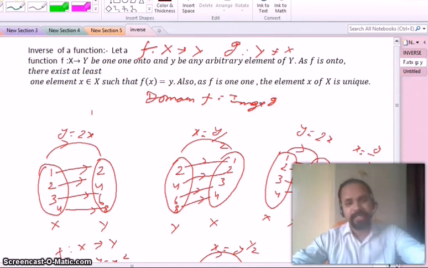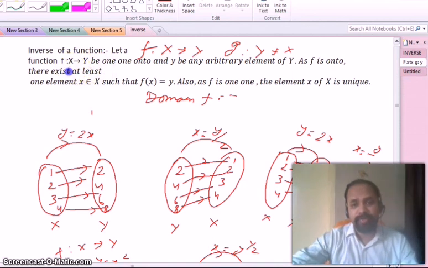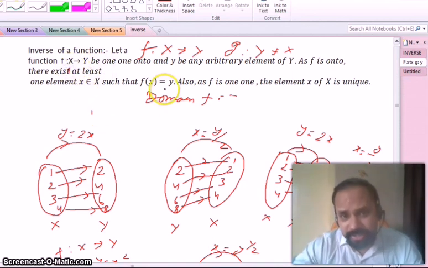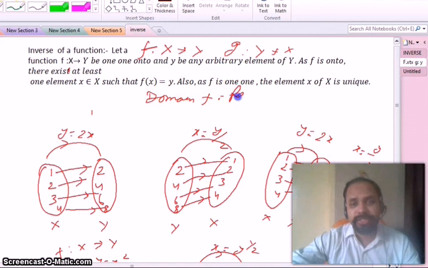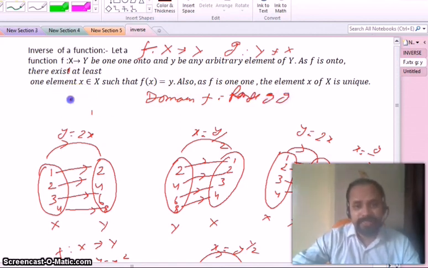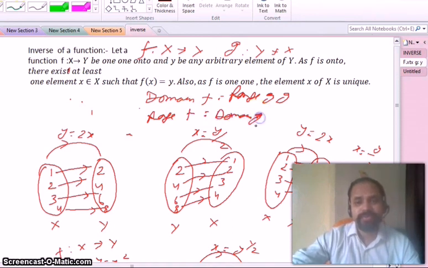Yeah, you can say that. If you don't want to write image, then you can say that the domain of f is equal to the range of g, and the range of f must be the domain of g.